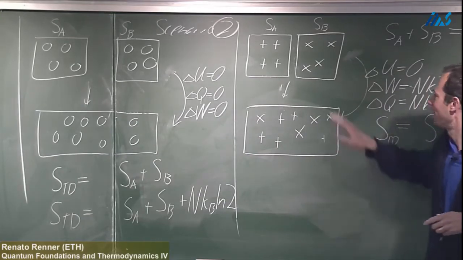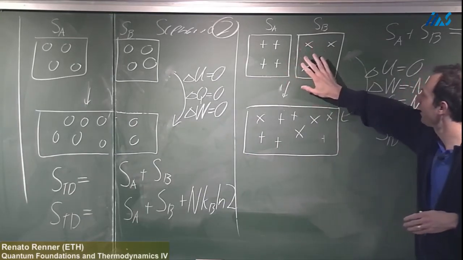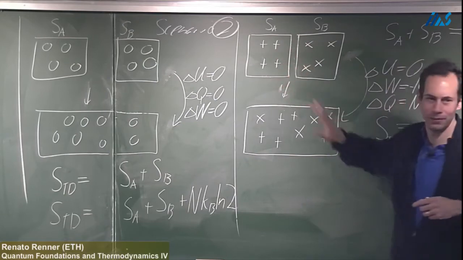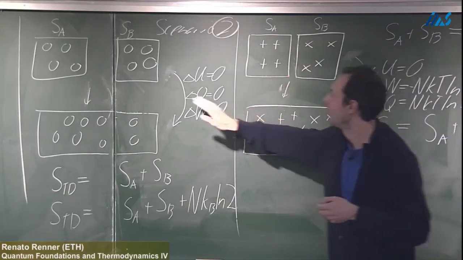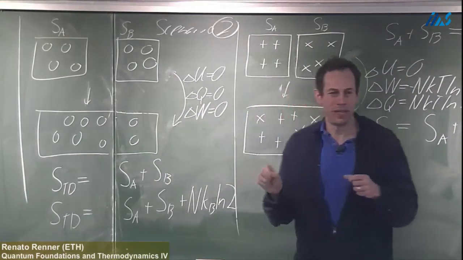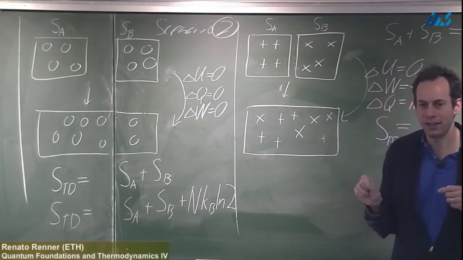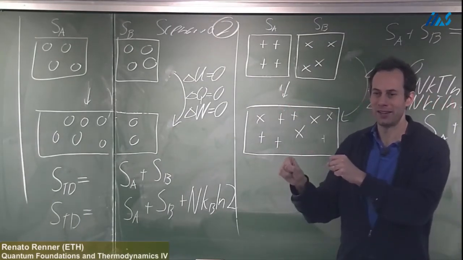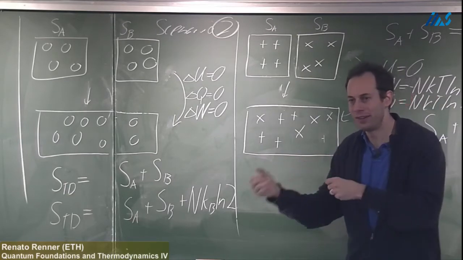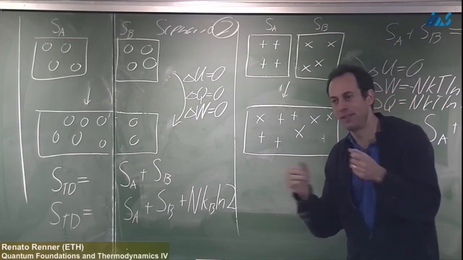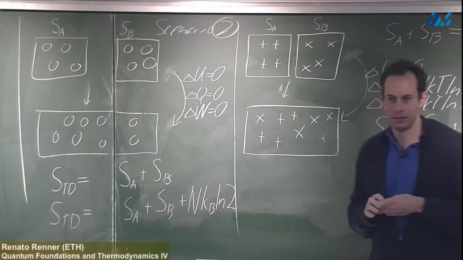Of course, you could say this is the real number of microscopic states, but it could be that this guy is still lacking some knowledge. So if you want to interpret entropy as the number of microstates, you should be aware that it's only counting the number of microstates which are relevant, which are in principle accessible in a process.